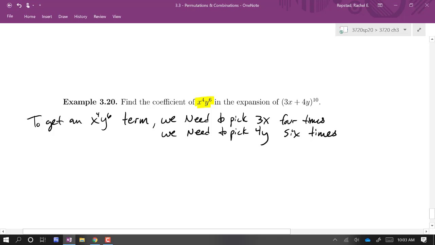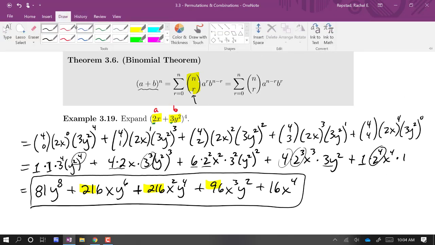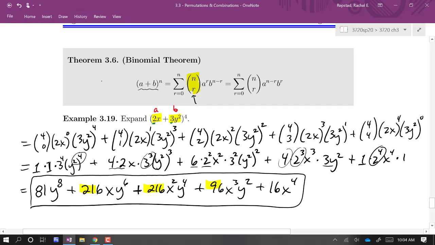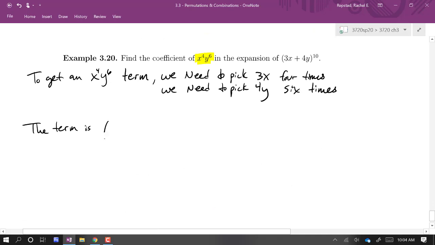So if we're looking for that coefficient, what we're going to do to find that term is just sort of going up and using this theorem. I'm just going to isolate that particular term where I'm picking 3x 4 times and 4y 6 times. So this theorem tells us that it will be 10 choose 4 times 3x to the 4th, 4y to the 6th.